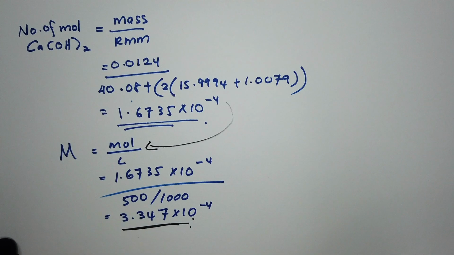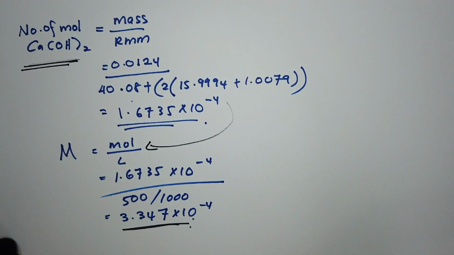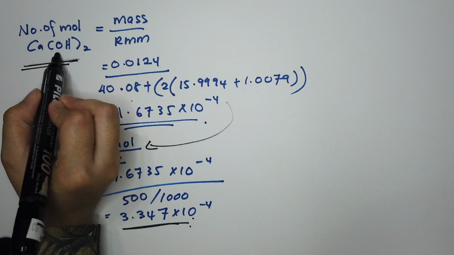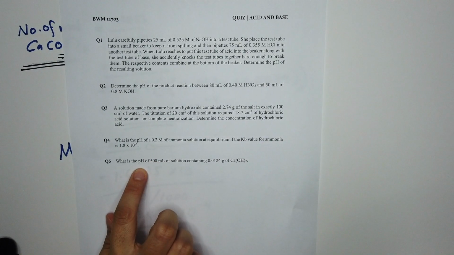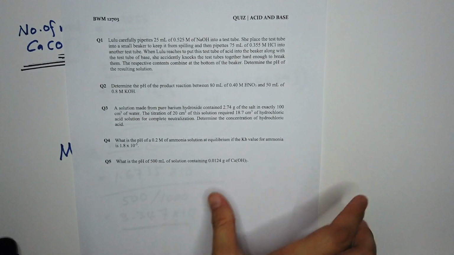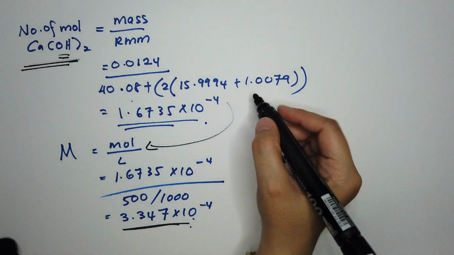So molarity of what? Molarity of CaOH2. So is this thing an acid or a base? So obviously it's a base. We have OH around here. So although the question asks you to calculate the pH, you should know that this is not an acid, this is a base. So you should calculate the pOH beforehand.